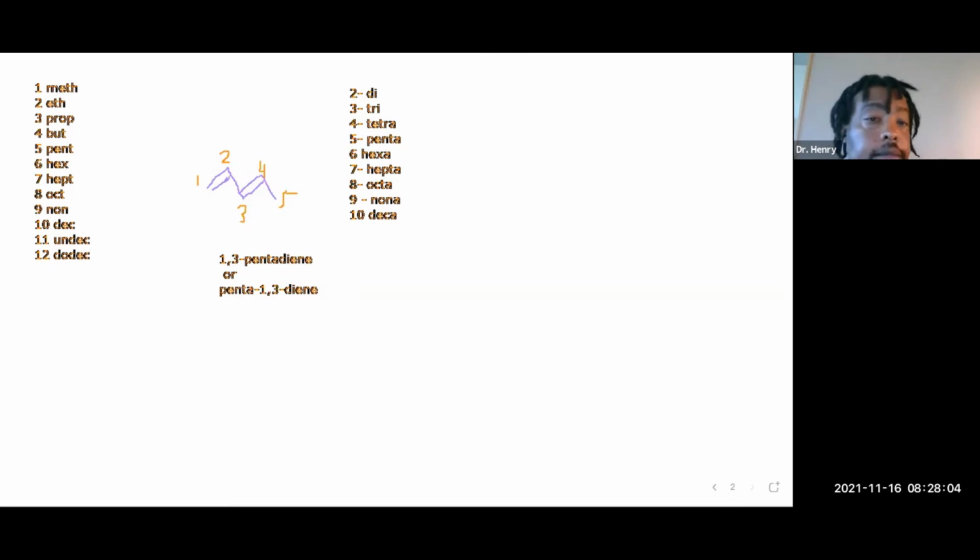Okay. Sometimes, like I said, we'll have a case where we'll have a double bond and a triple bond. When we talk about a double bond and a triple bond, we have to determine who's going to have priority.